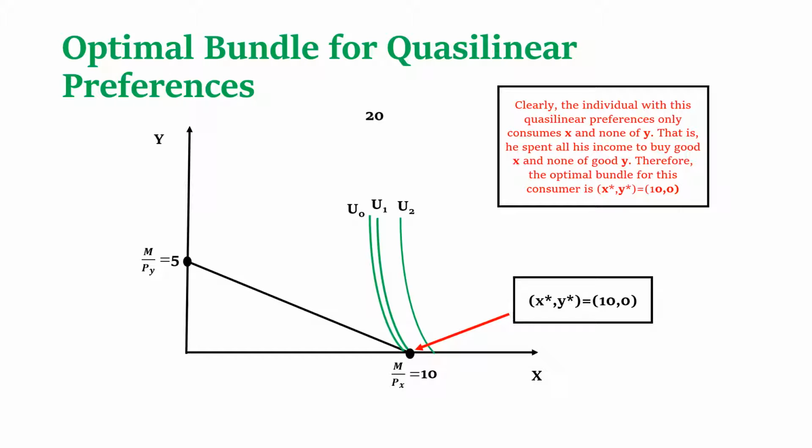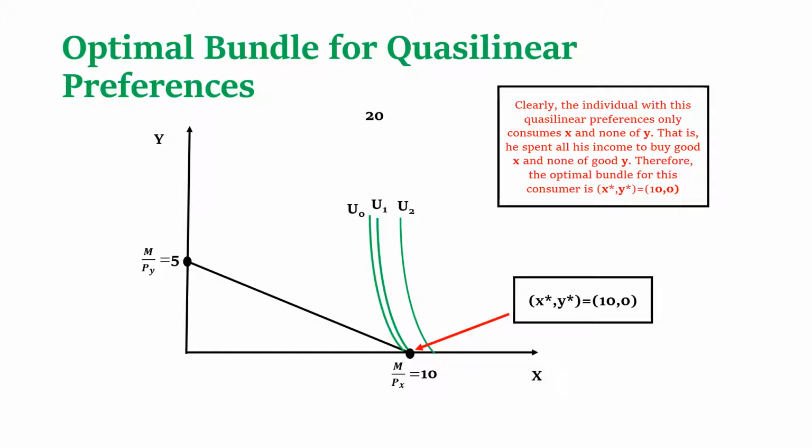Now, if we look at this, we notice that x star is 10 and y star is 0. Now, that one is not 20, it's supposed to be 10. That was a mistake.